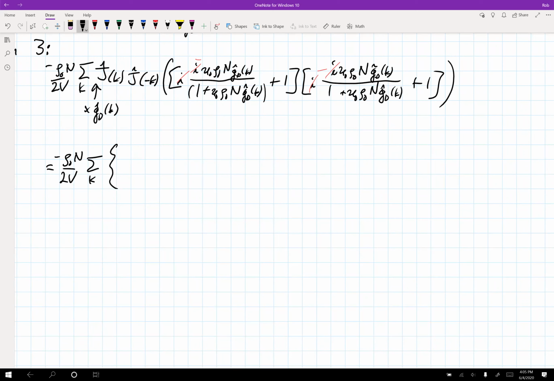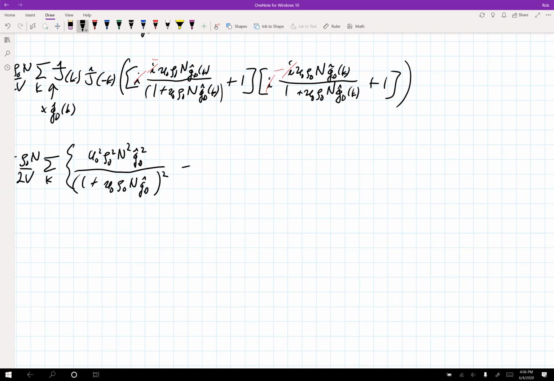All right, so the first term, we have 2 minus signs, so the minus signs will cancel. Otherwise we'll have u naught squared, rho naught squared, n squared, gd hat squared, over 1 plus u naught rho naught n gd hat, then all of that squared. All right, so that's our first term.